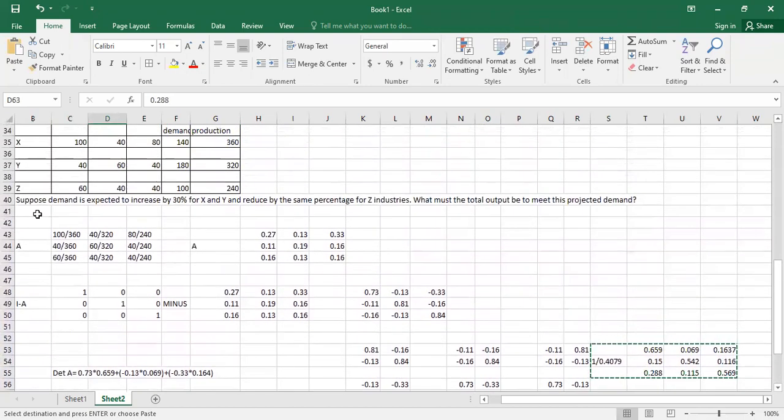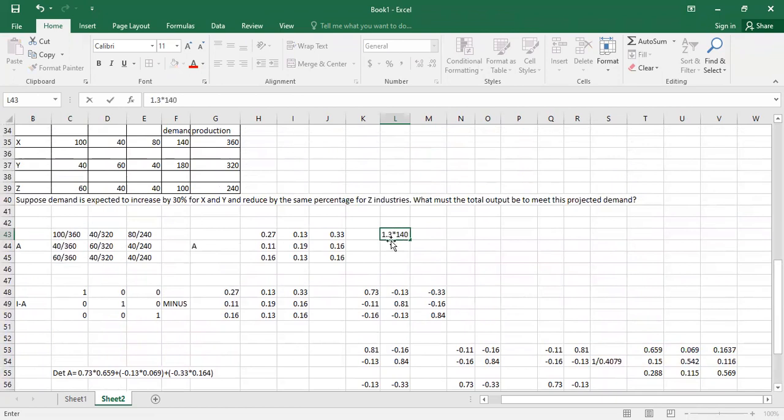We are told that demand is expected to increase by 30% for X and Y. So we are talking of 130 over 100 multiplied by 140, or rather 1.3 multiplied by 140.